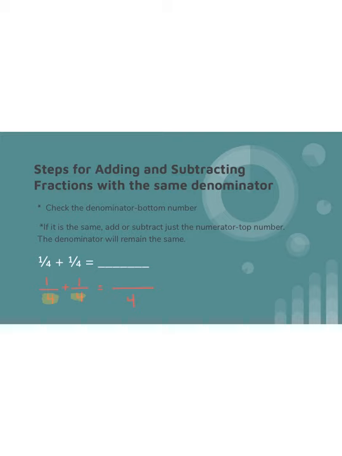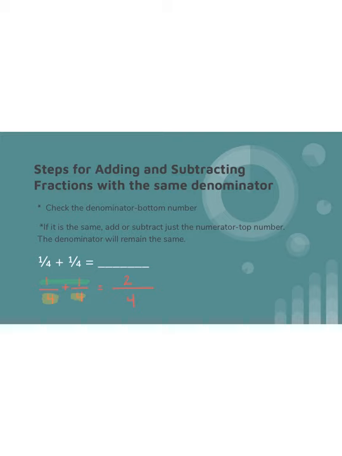And then I'm just going to look at my numerators. So I have a 1 and a 1, and I'm going to add those together. 1 plus 1 is 2. So I have 2/4 right there. When I look at 2/4, I know that they both are even numbers, so they can be divided by 2.